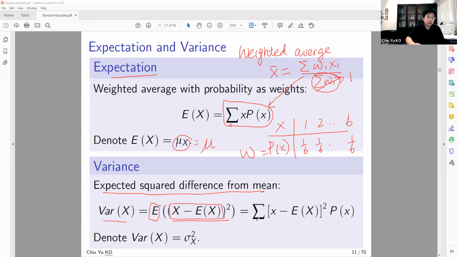Basically, it is what you get from the expectation: you take every value minus the expectation and square it, but again, it's a weighted mean, weighted by its probability. And that's what we call sigma squared X. So there's nothing new, but this is writing everything into the probability language.